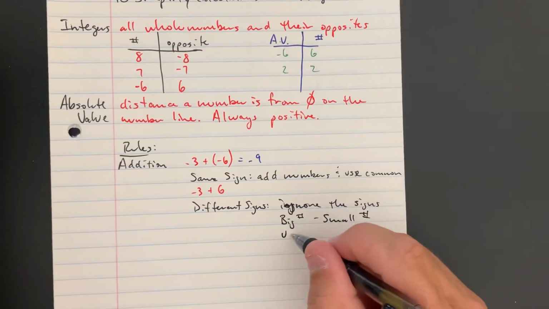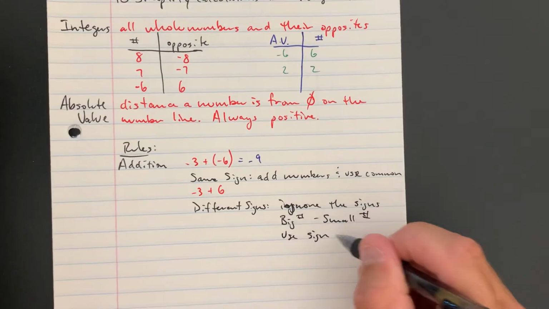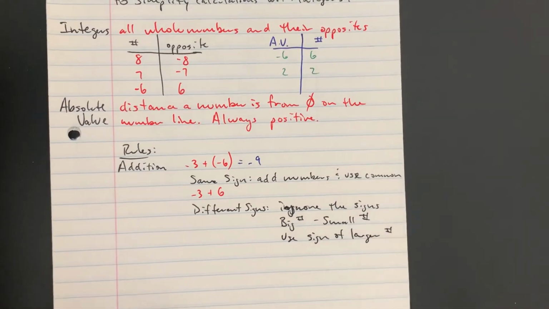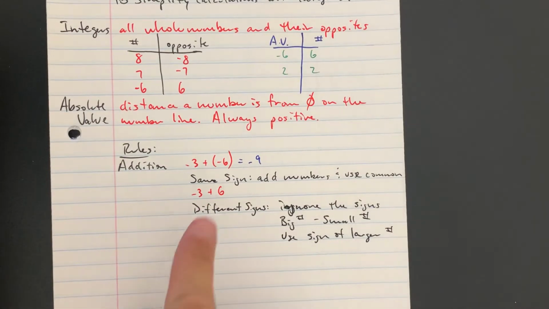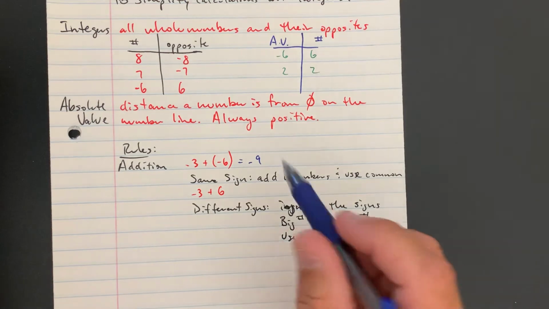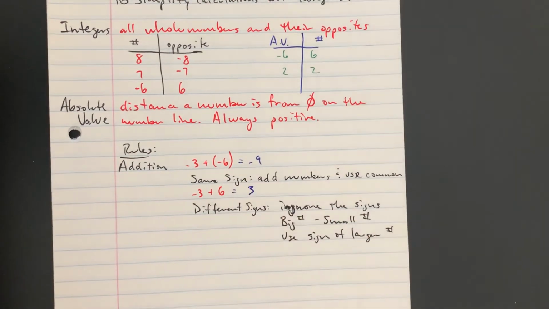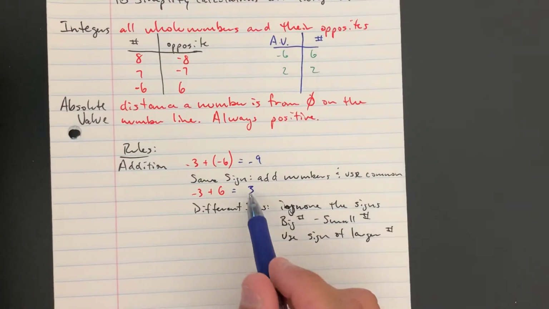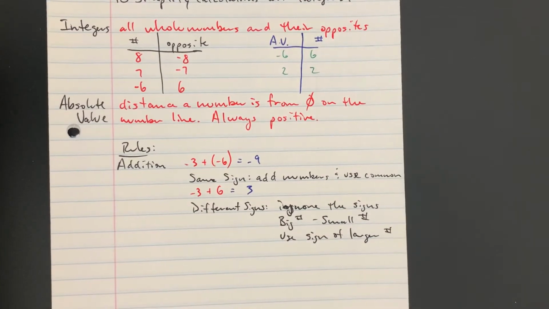And then I use the sign of the larger number. So in my brain, I'm going just 6 minus 3. 6 minus 3 is 3. I'm going to use the sign of the larger number, which was 6. 6 has the larger absolute value. So -3 plus 6 is +3. And I can use those rules throughout all addition problems with integers.